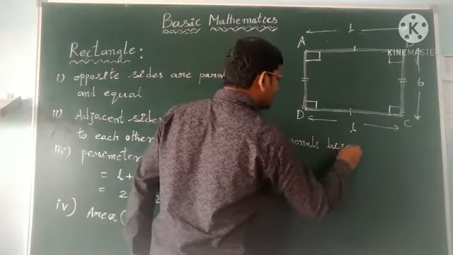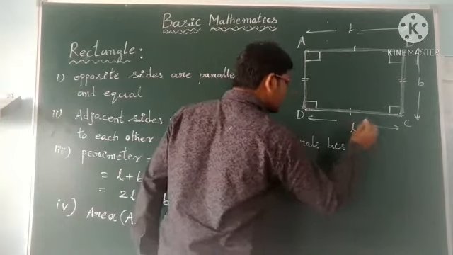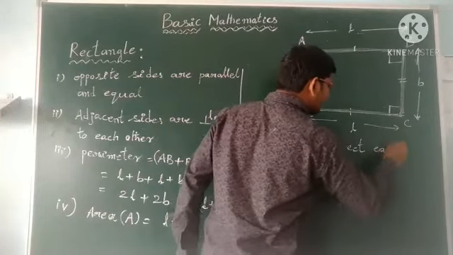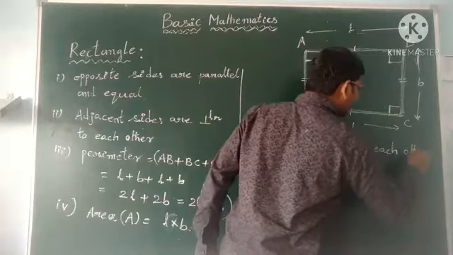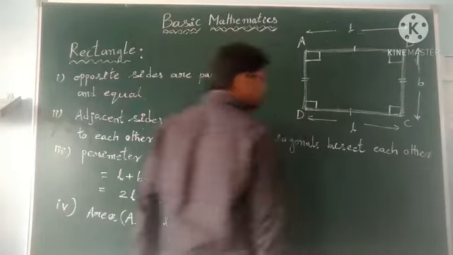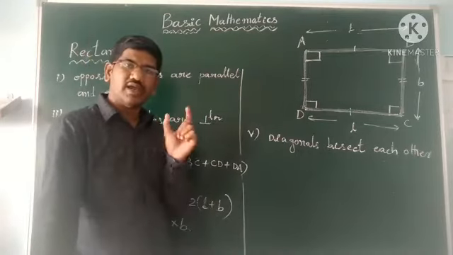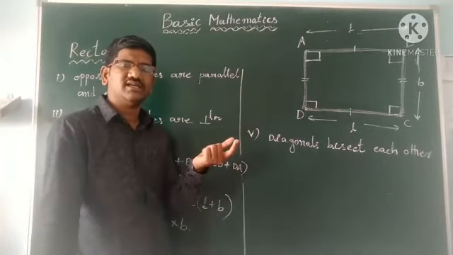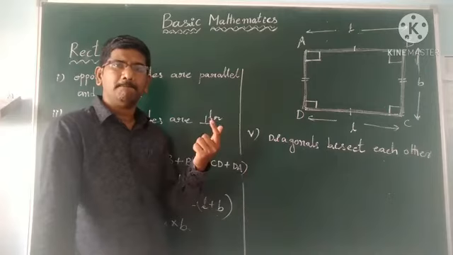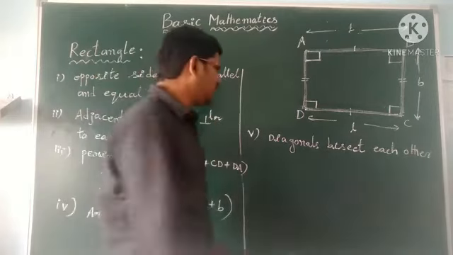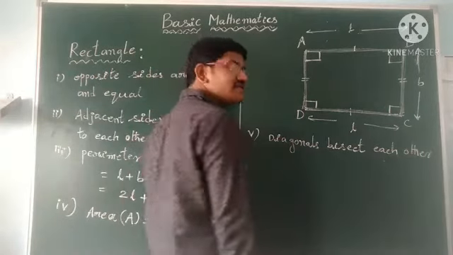They are just bisecting each other, but not perpendicular to each other. In a square, diagonals bisect each other and are perpendicular to each other. But here only the diagonals are bisecting.